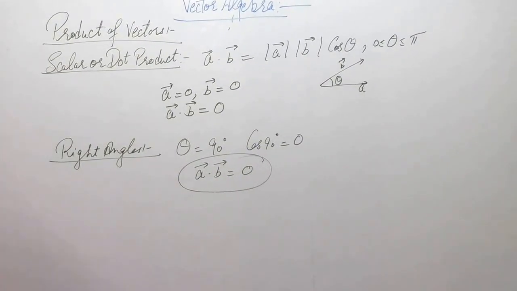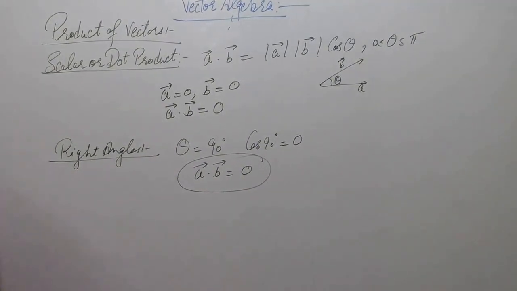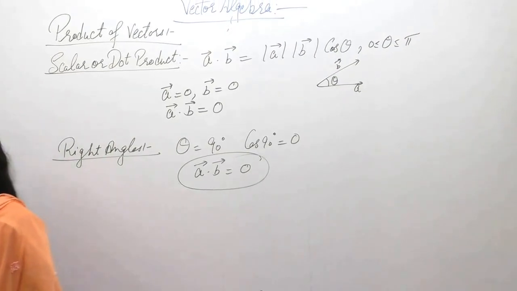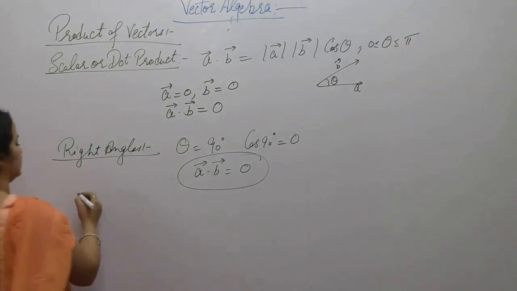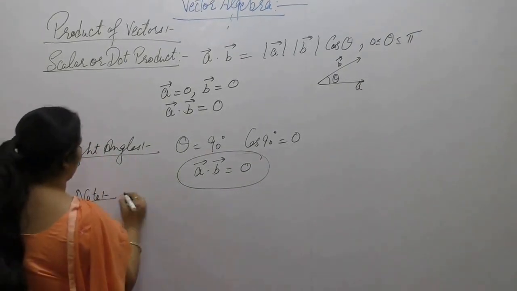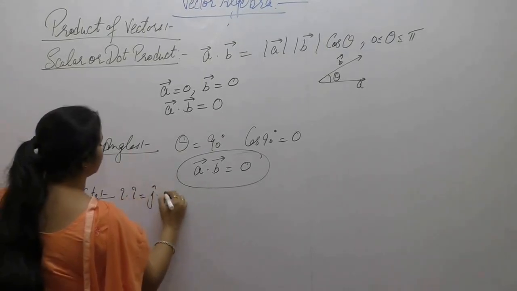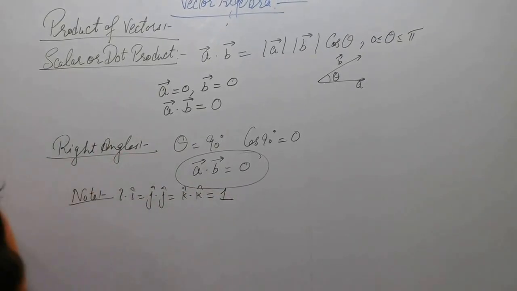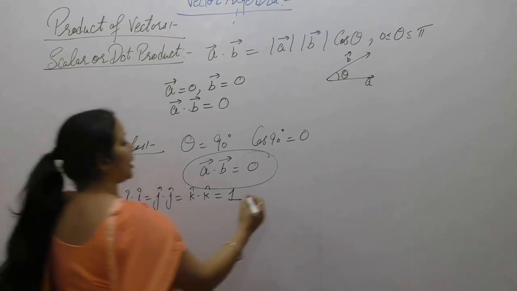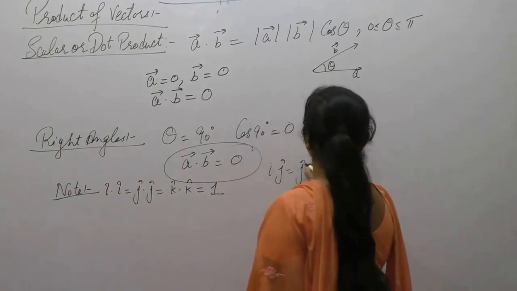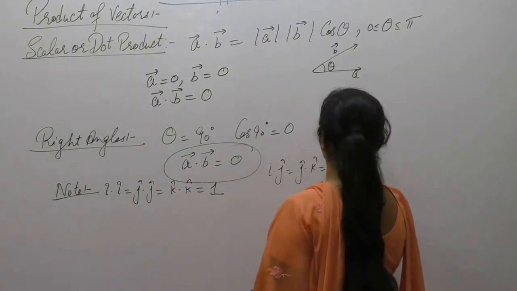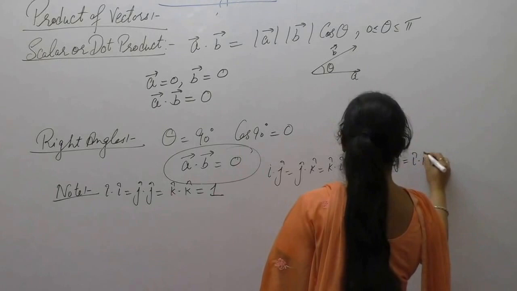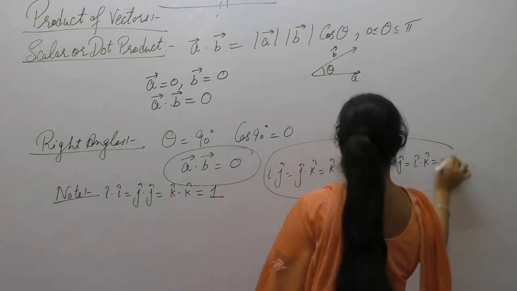When two vectors are at right angles to each other, then their dot product is 0. I dot I, J dot J and K dot K have value 1. I dot J, J dot K, K dot I or J dot I, K dot J and I dot K, these have value 0.